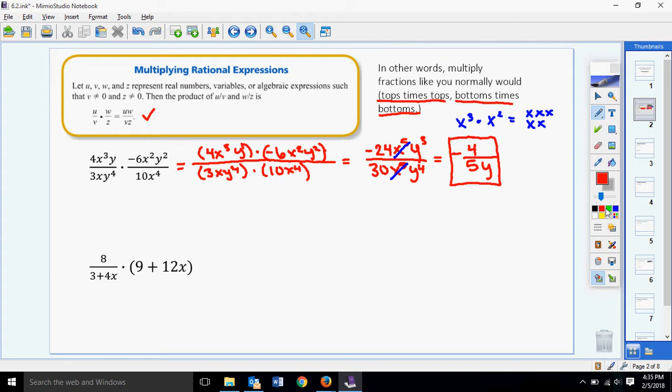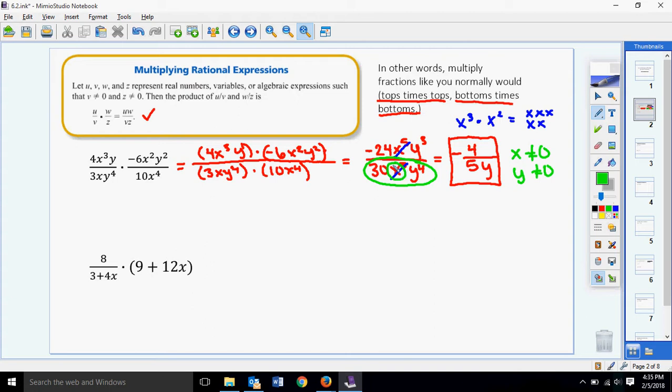If we were concerned about listing the domain, it would be x cannot equal 0 and y cannot equal 0. So obviously the y cannot equal 0 came from the denominator here. The x cannot equal 0 came from my multiplied denominator.